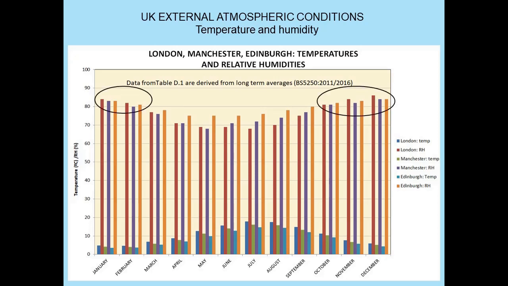These are relative humidities and temperatures, but note in the colder months, the relative humidities that we're getting outside between London, Manchester and Edinburgh, that's quite a long distance, are all over 80% on average. So we get very high relative humidities externally. And overall, external water vapour does significantly influence, or rather can, the internal levels.